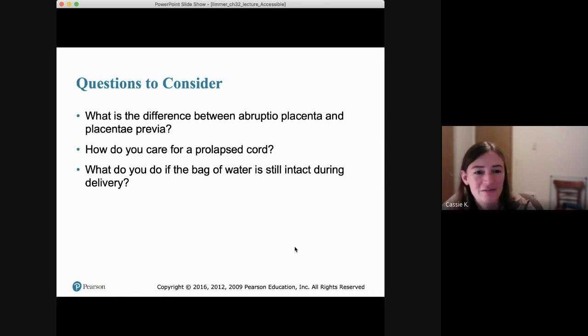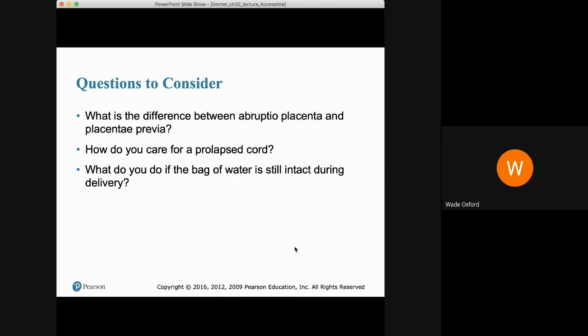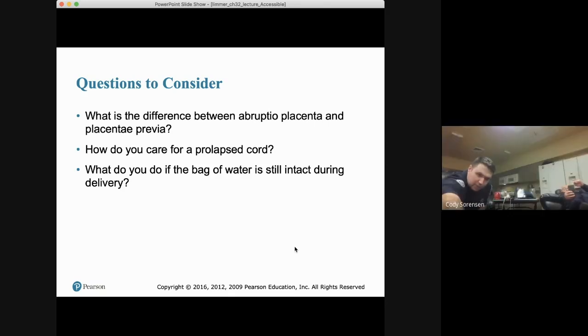Hopefully, if they've received prenatal care, placenta previa will be identified ahead of time. But abruptio placenta could happen unknowingly and cause significant bleeding. So if we see a prolapsed cord, if the cord presents first, what are we going to do? Try to keep pressure off the cord and rapid transport. Yep.